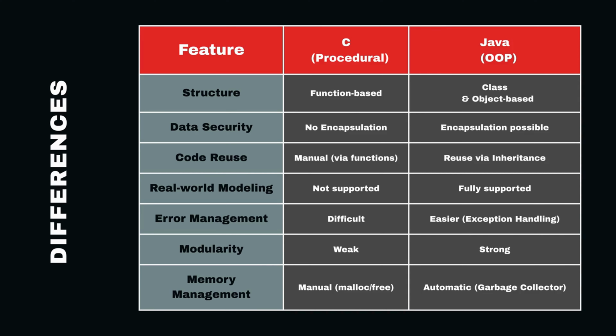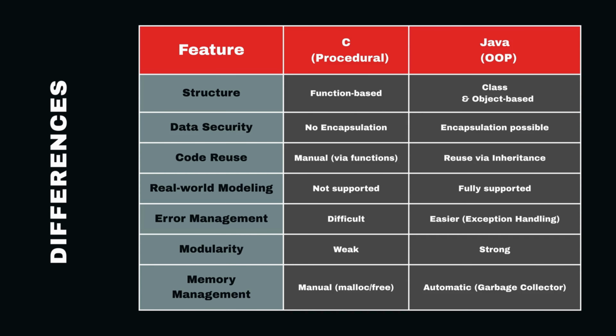Modularity means that as your project grows, the modules we create, like classes, give flexibility, code reusability and maintainability. For memory management, in C it is manual and we have control over memory, but in Java it is automatic and taken care of by the garbage collector.